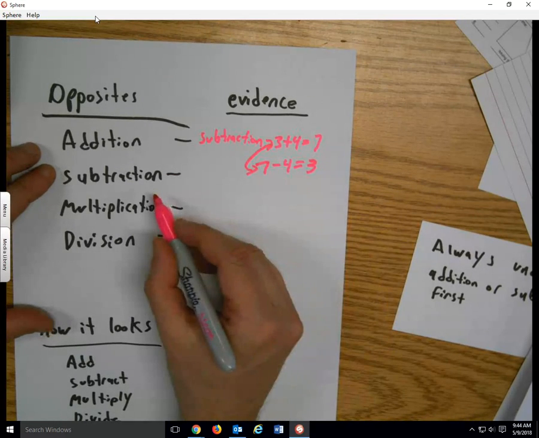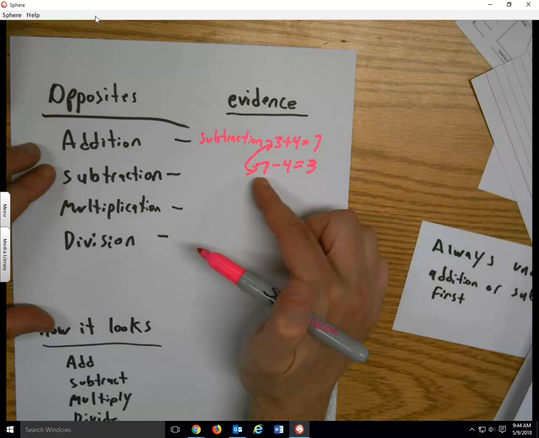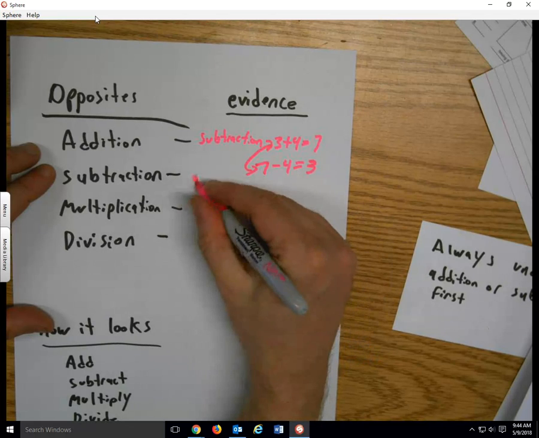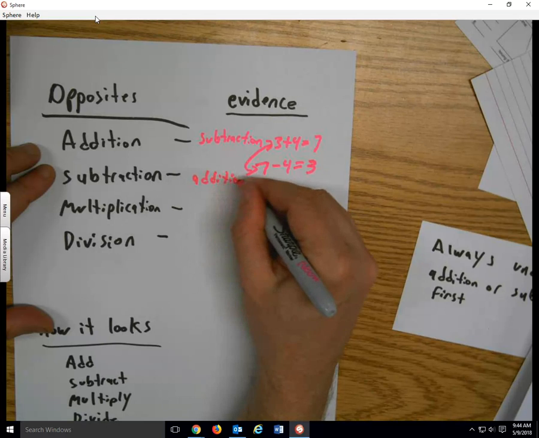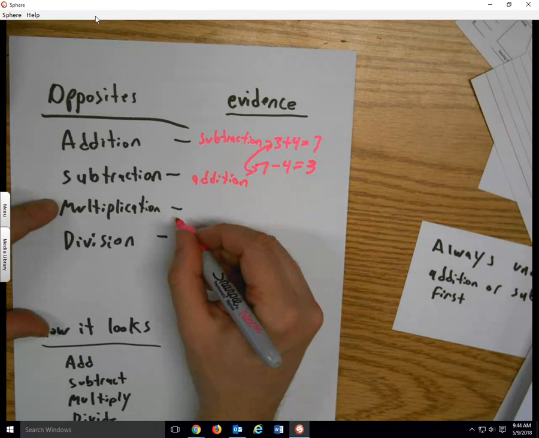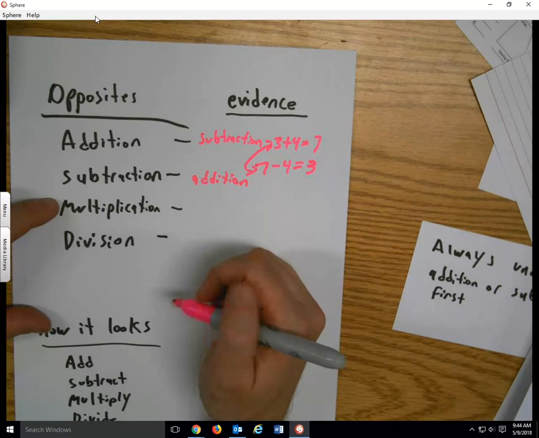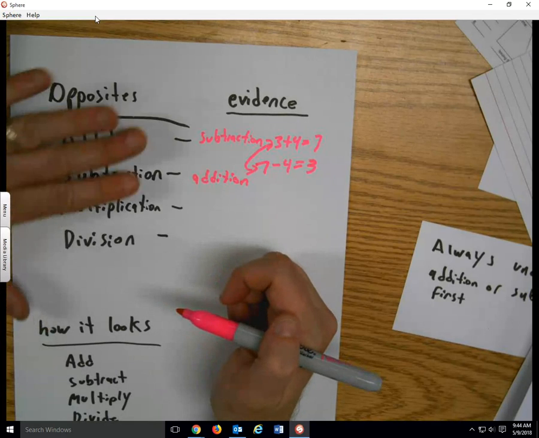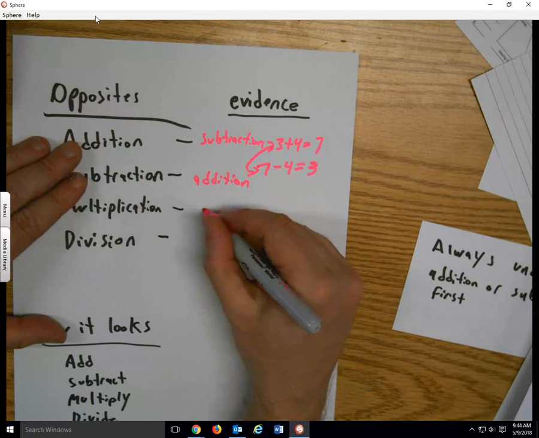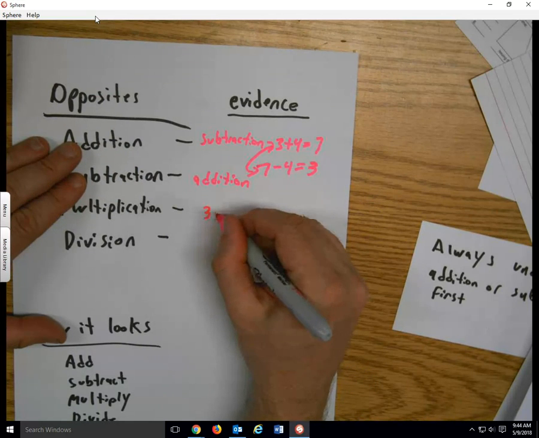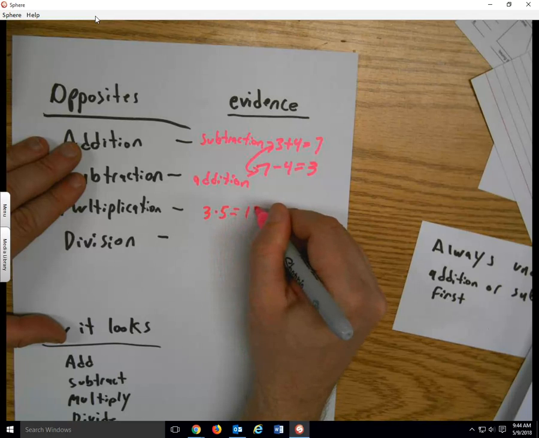What's the opposite of subtraction? Well, it's the same thing. It's addition for the same logical reasons. What's the opposite of multiplication? Well, you could say, addition and subtraction have already been taken, so it must be division. Well, you're right, and I can show you. 3 times 5 equals 15.